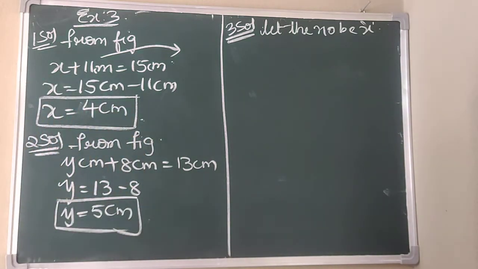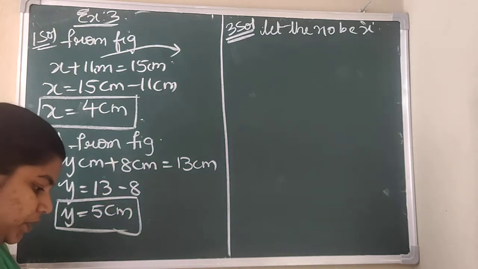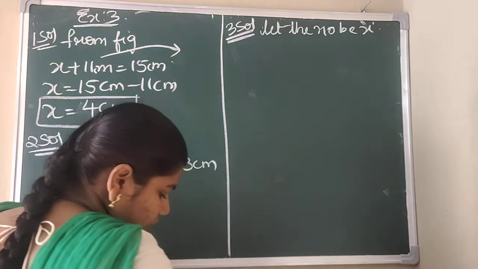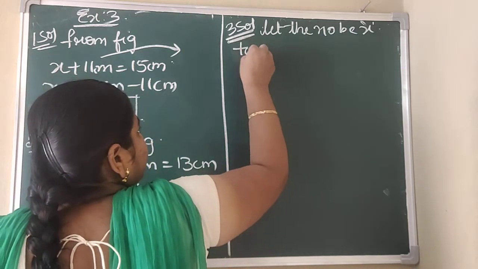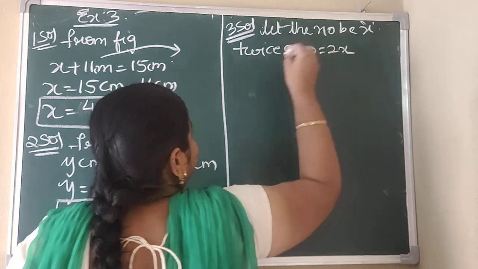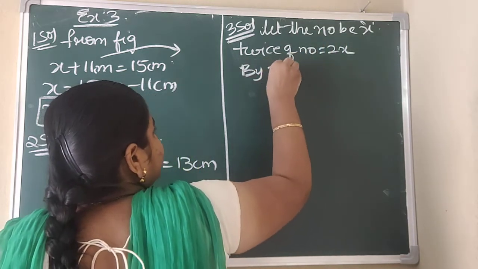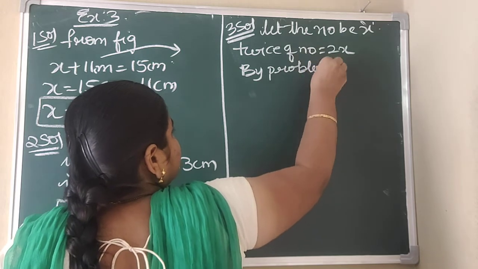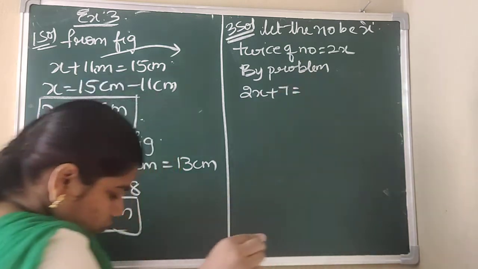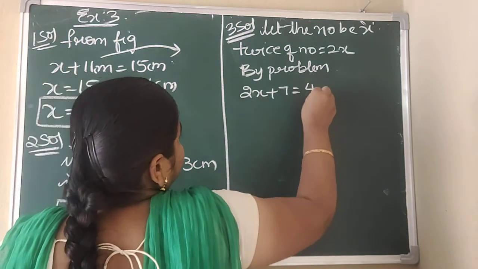So now what do we have to find? We have to find that number. So what they told, if we add 7 to twice of a number, the result will be 49. Twice of a number is nothing but 2x. So by the problem you can write it as 2x plus 7 will be equal to 49.